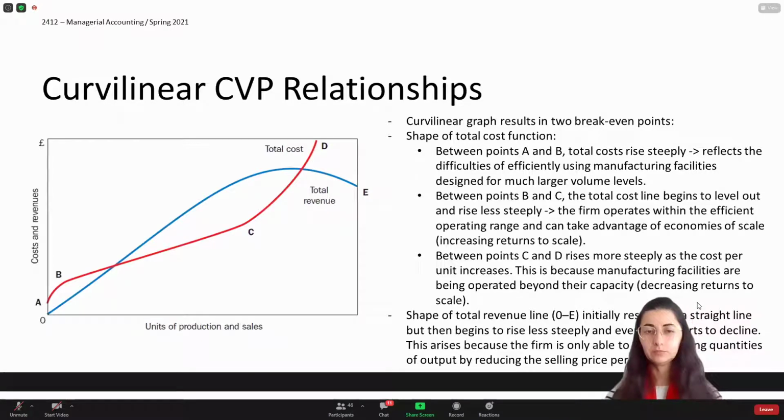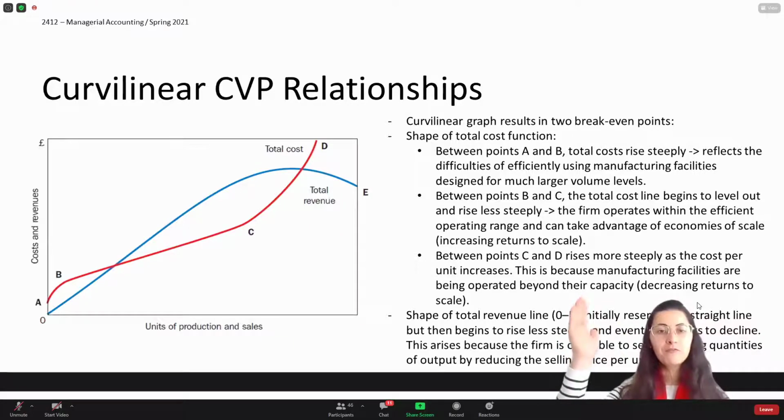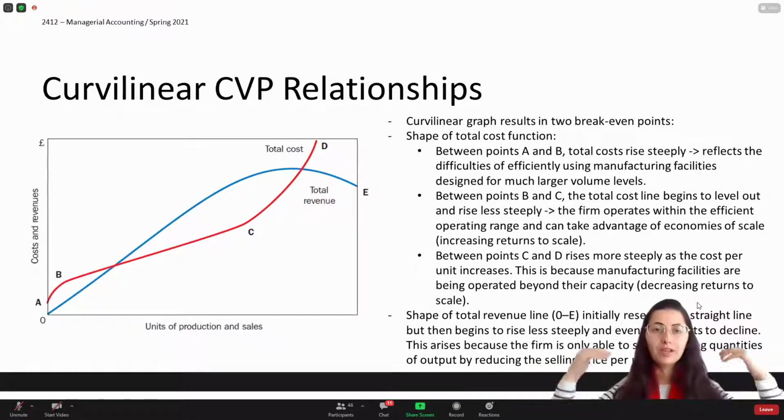And then after that level of activity, at point C, we again see a very steep curve between points C and D, which is when companies start going above capacity. When they start producing too much, the employees will be very tired and will be doing extra hours.